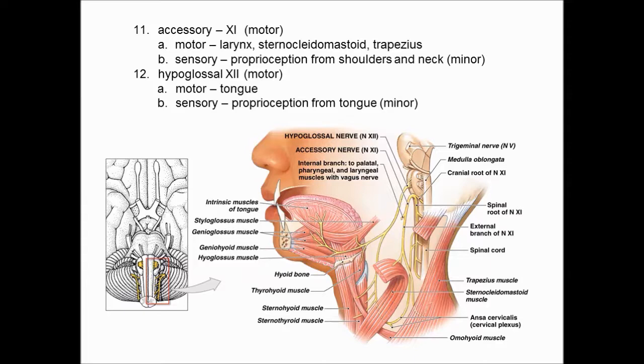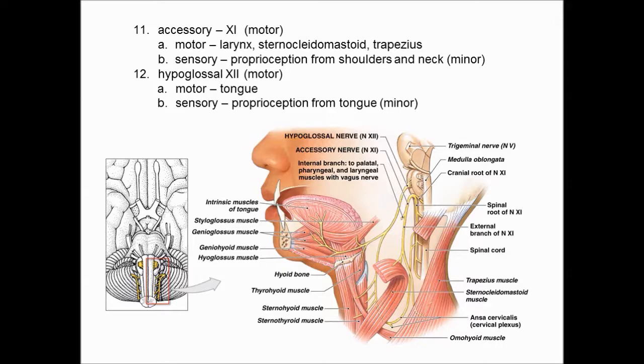It also provides motor activity to the larynx, some muscles in the neck, sternocleidomastoid, trapezius, and there's a significant amount of proprioception, but again, this classically is called a motor nerve, so they don't think it's a significant role of this accessory.